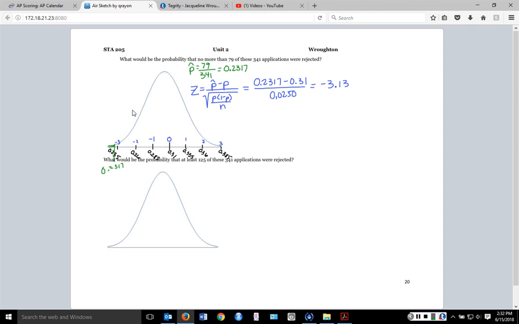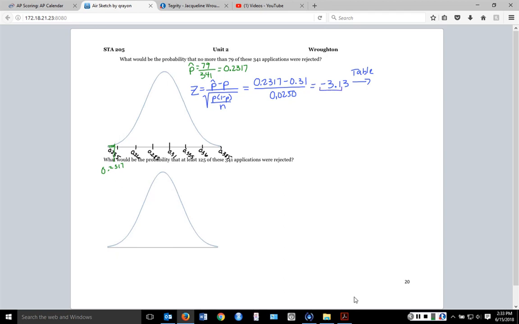I'm going to erase those little blue numbers just so they're not there to confuse us. All right, now we're going to take that number to our table. -3.13.